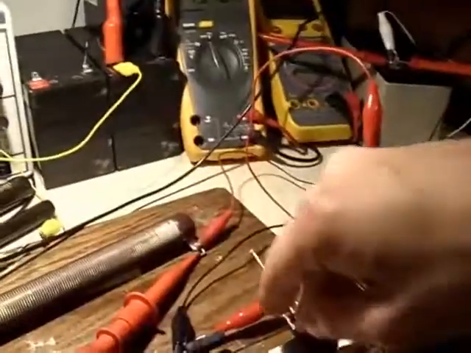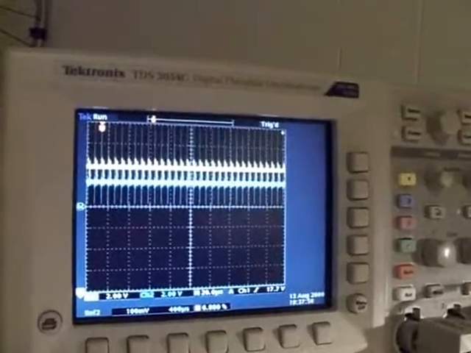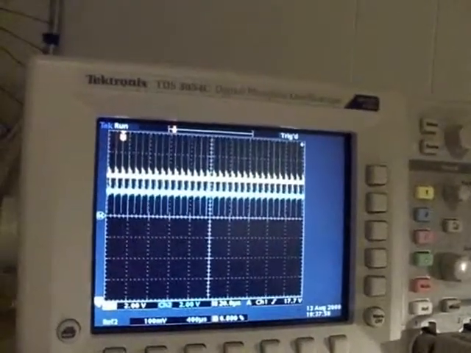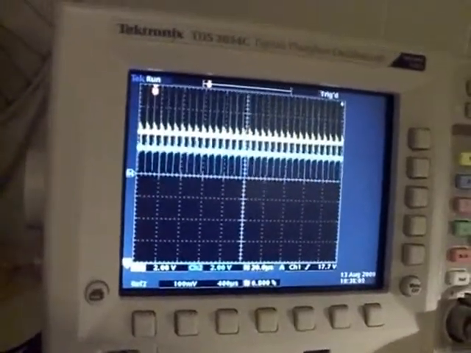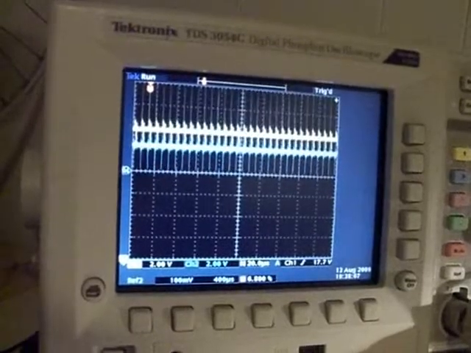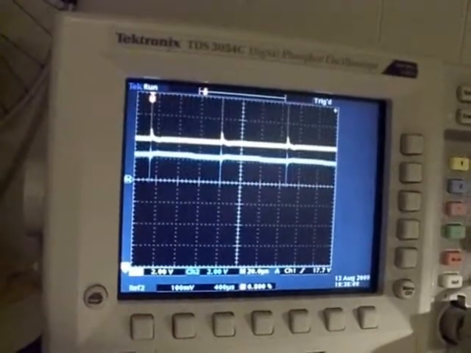Same thing with putting my finger on the MOSFET. Slow it down a little bit. Taking a little bit longer to do its thing.